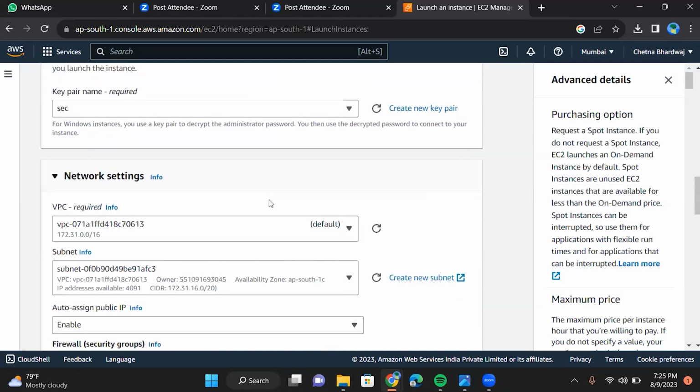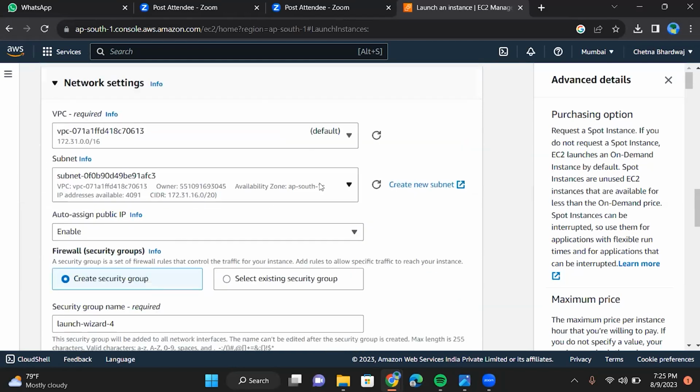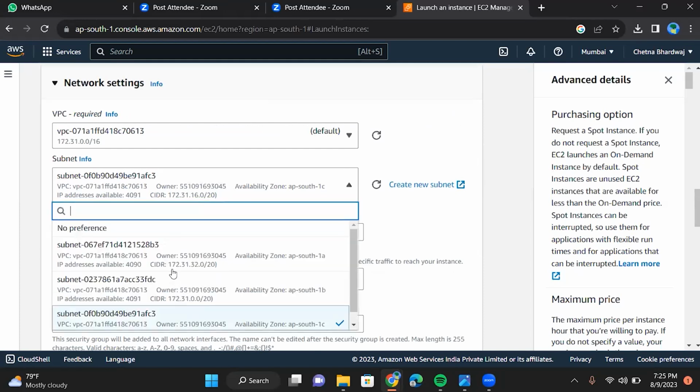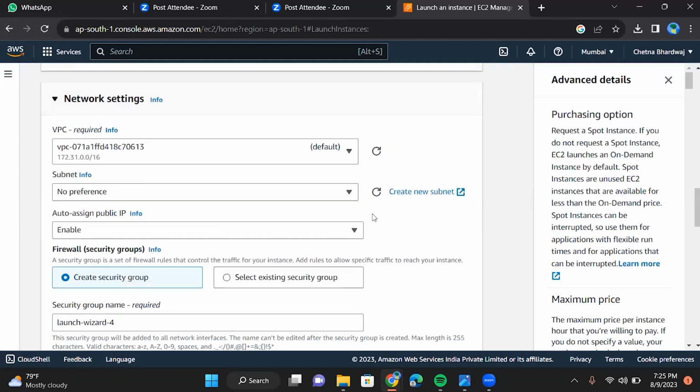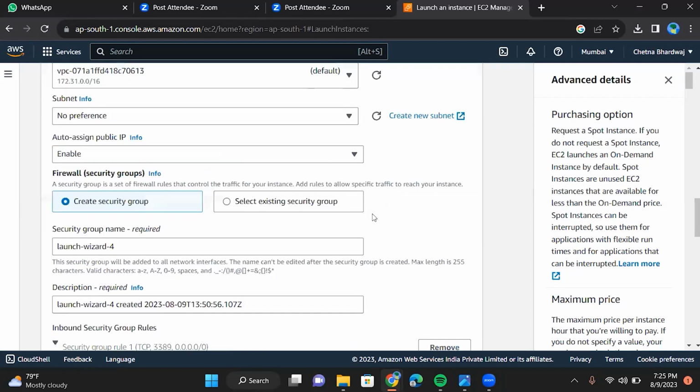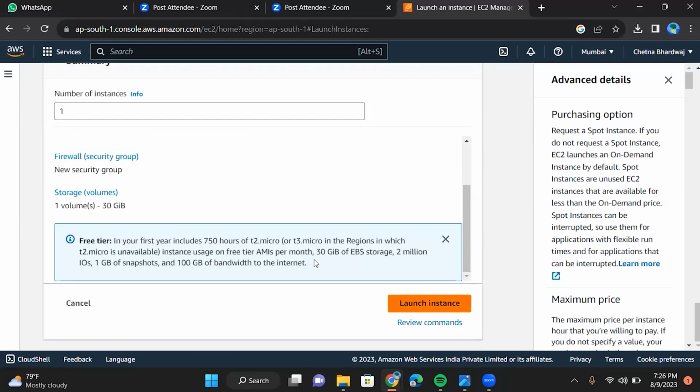So the zone I have selected, this instance will not work in it. So we will take the no preference option. Then it will automatically select the zone in which we can create the instance.